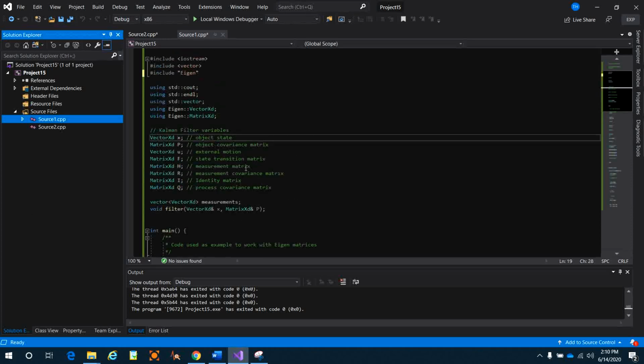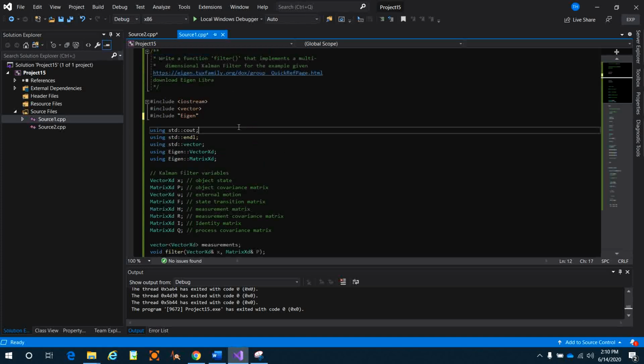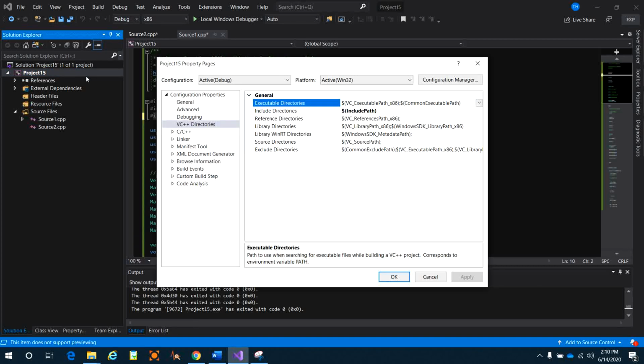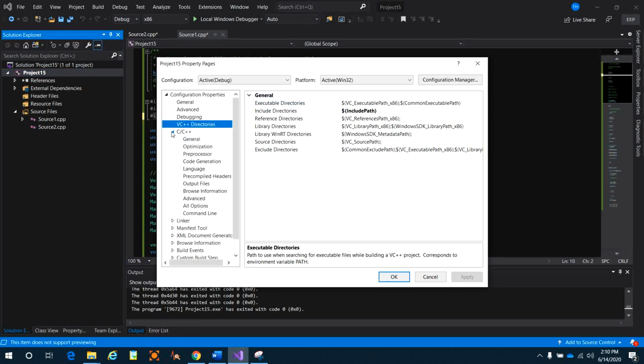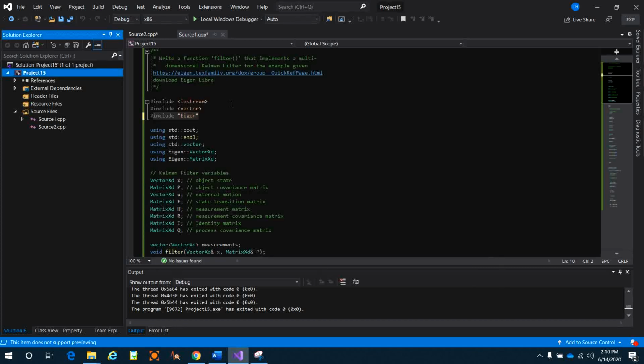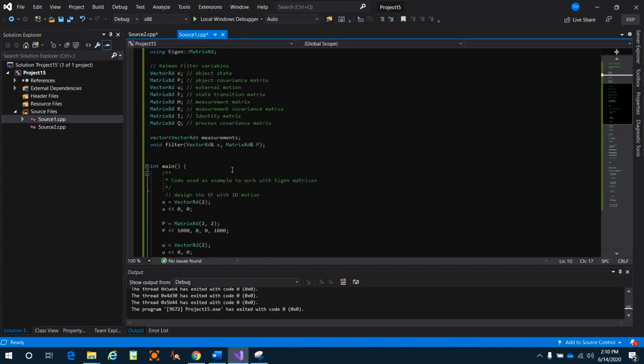In some next video, you can see I use Eigen, because Eigen is really good for matrices and linear algebra. So you have to add the library. How to add it is easy. You go to Properties right here, go to C++, and add your library. You download the library and add it into this project. And in your code, you include Eigen, so you can use Eigen vectors.